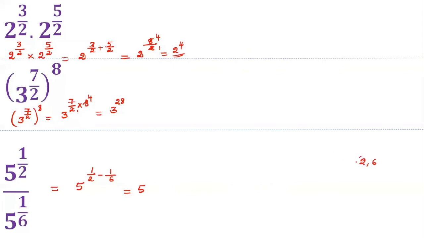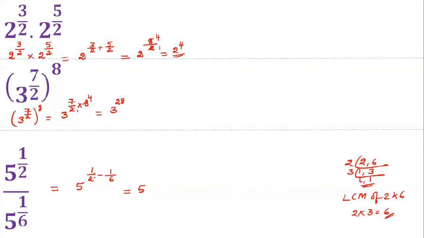For that, you have to take the LCM of 2 and 6 by the prime factorization method. Now the LCM of 2 and 6 is 2 into 3, that is 6.